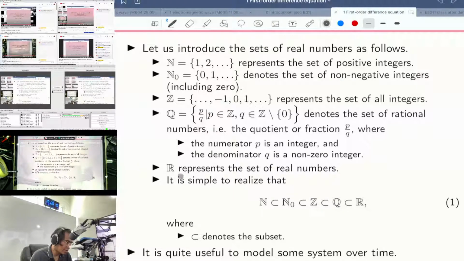Q is a subset of R, and Z is a subset of Q, and N0 is a subset of Z, because it's only the non-negative side, and N, the natural numbers, is a subset of N0. This one is bigger, smaller, and smallest, the smallest set. And this notation means the subset operator.